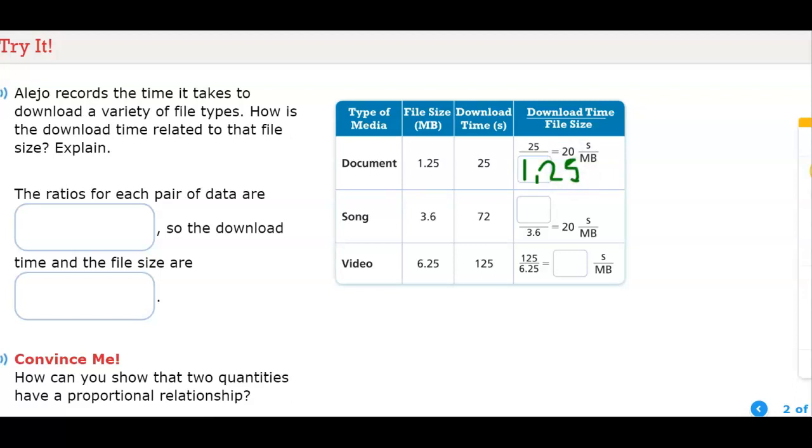For the song, the file size is 3.6, or 3 and 6/10, and the time on top is 72. The video size is 6 and 25 hundredths, and the download time is 125.